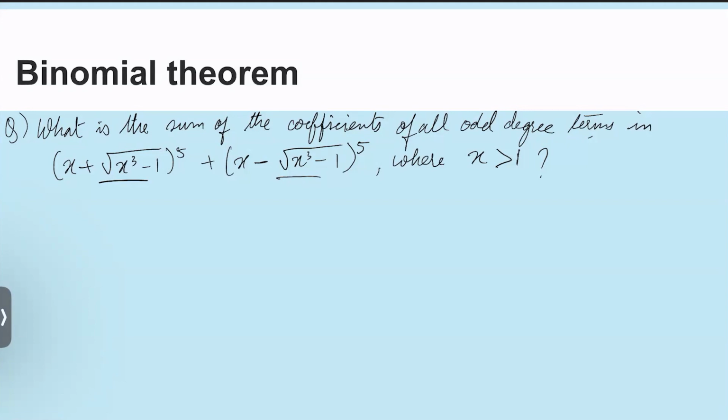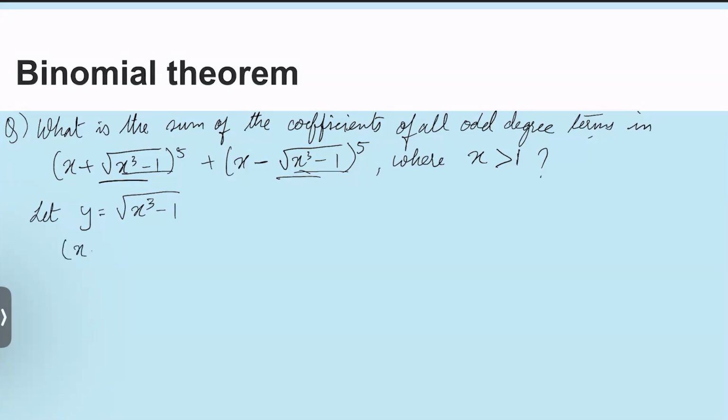So let's first say let y is equal to root of x cubed minus 1. This second term in both the brackets, we are considering as y to simplify our solution.